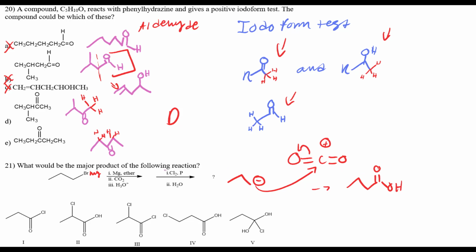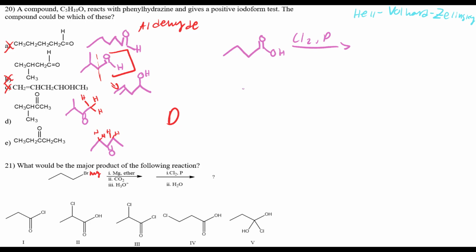And after that, we're going to do a very cool reaction, and I have to clear out the screen to show you. So this reaction is called a Hell-Volhard-Zelinsky reaction. Essentially, you must use a carboxylic acid, and phosphorus, and you also must have a halogen.